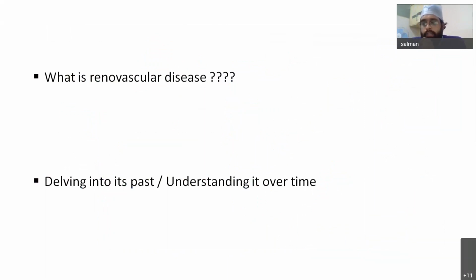So going into the basic history behind renovascular disease and renovascular hypertension: in the late 19th century, renin was discovered. In 1930, Goldblatt attributed hypertension to renal artery stenosis, and he treated it by removing the kidney or by treating the stenosis.